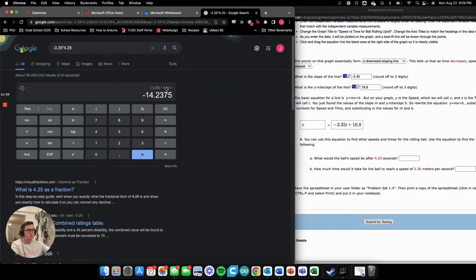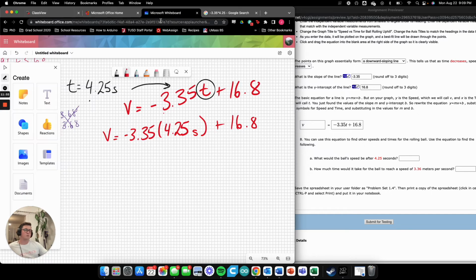So negative 14.2375. Okay, this is an intermediate number. This is not our final answer, so we don't have to round yet. You only round your final answers. Okay, so we just add these together.